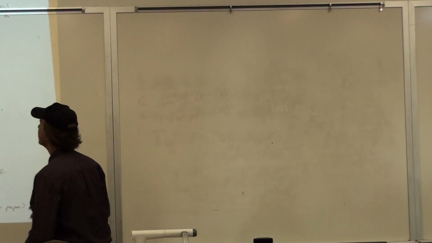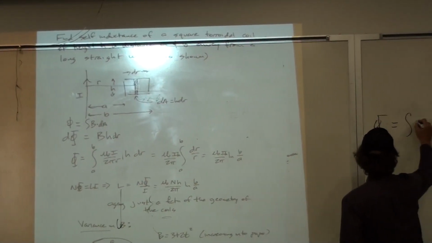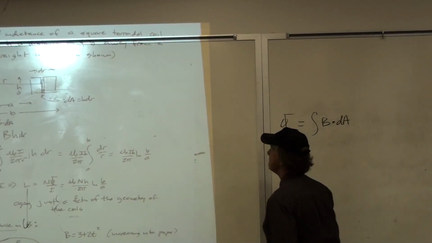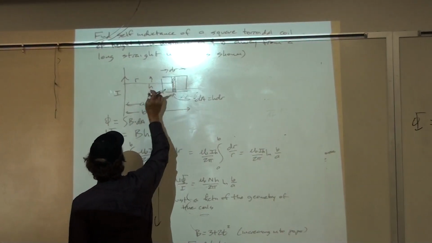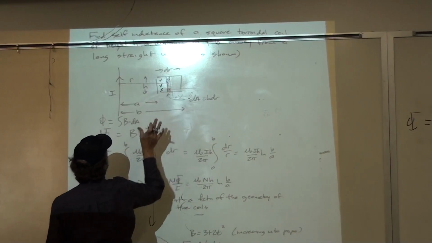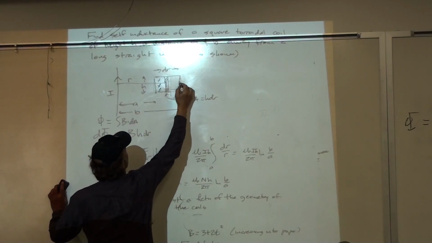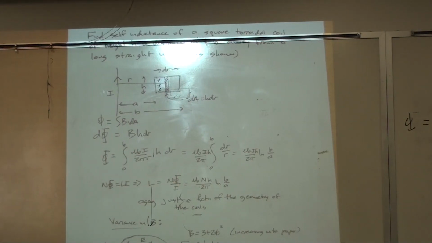But here the flux is equal to the integral of B dot dA. Okay, and so we're talking then about the flux in here due to a long straight wire. So that means that the magnetic field here in this side of this, we'll call this a square toroidal solenoid.